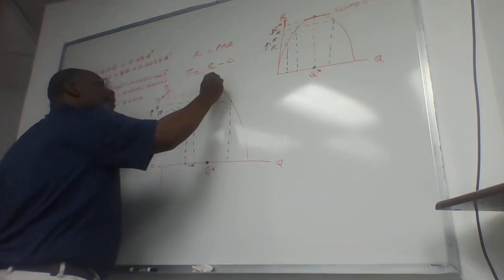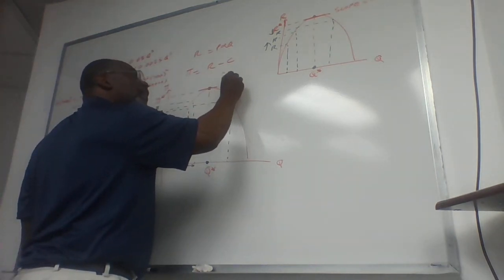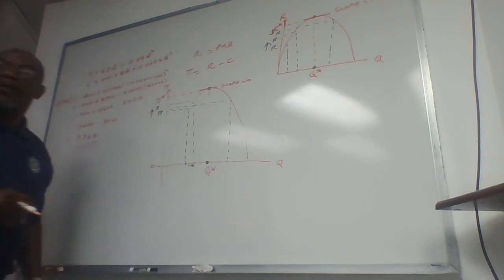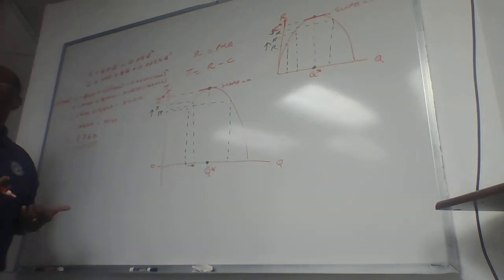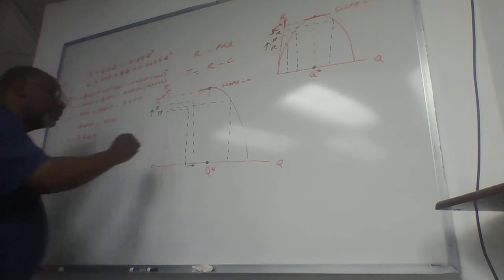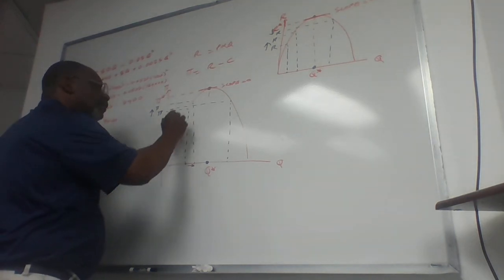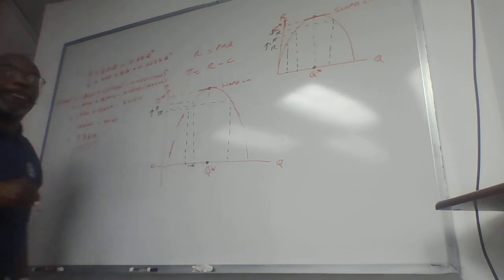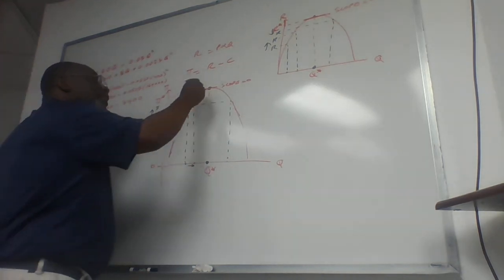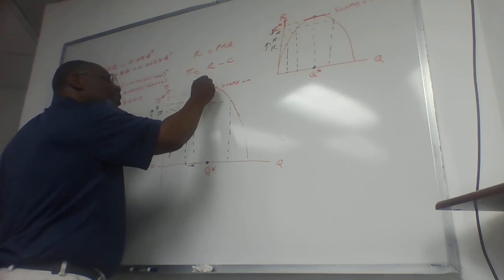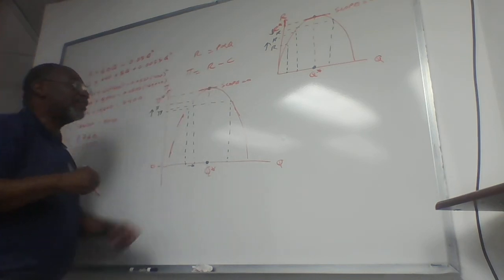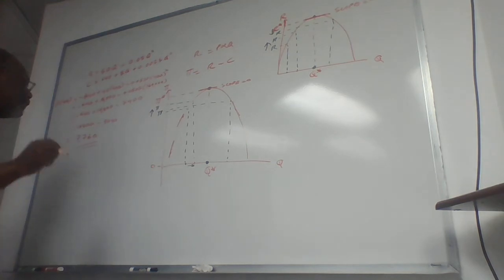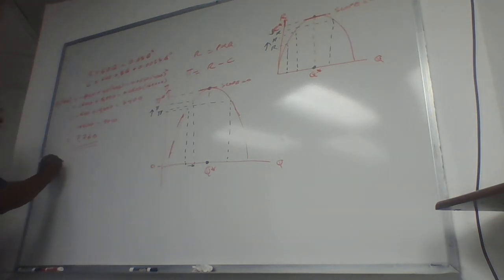No place else on any of those curves is the slope equal to 0. The slope here is positive, and this is a negative slope, sloping down. So one key factor that we are aware of is that at the top of this curve, slope is equal to 0. We don't know what to do with it yet, but we know that's the case.